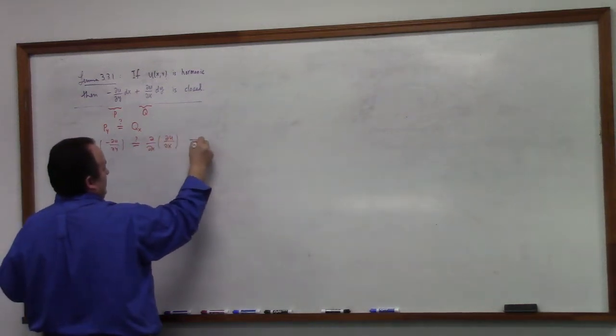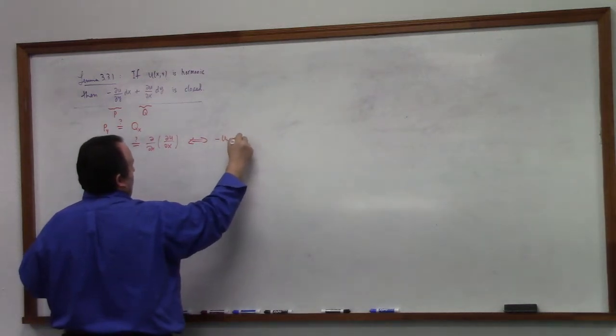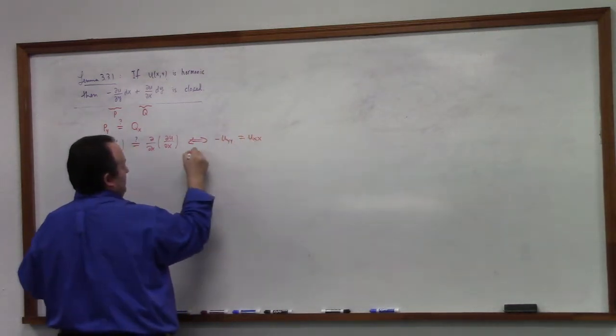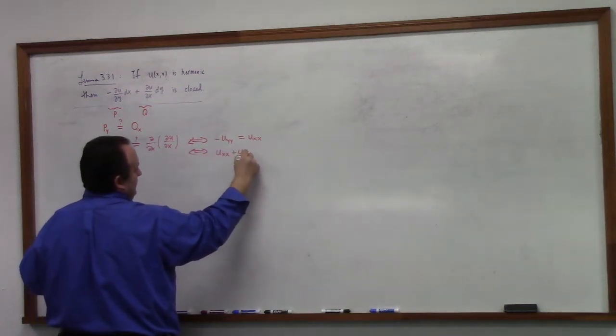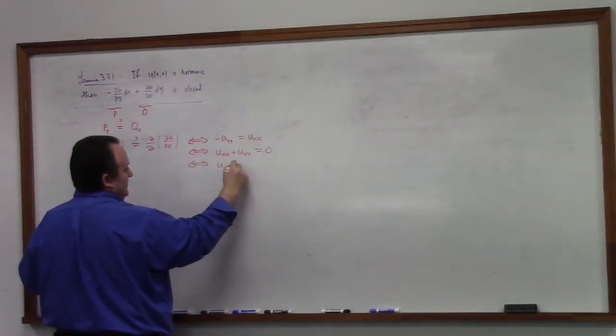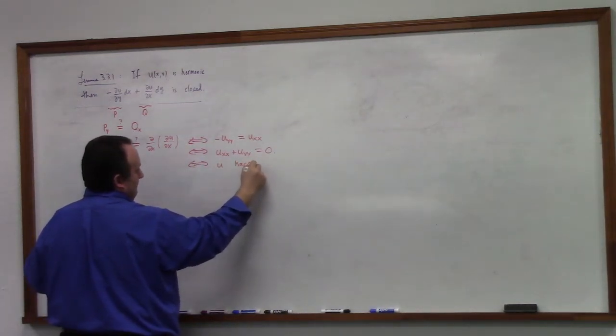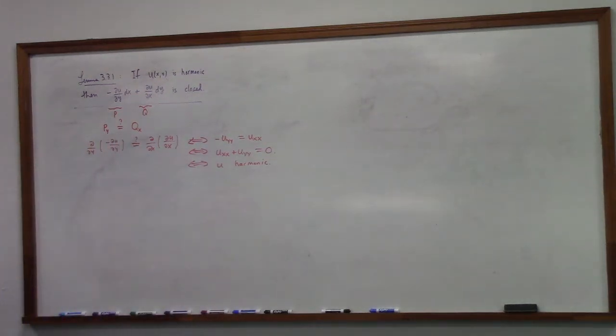This is true if and only if minus uyy equals uxx, which is true if and only if uxx plus uyy equals 0, in other words, u is harmonic. So if it's harmonic, then it's closed.